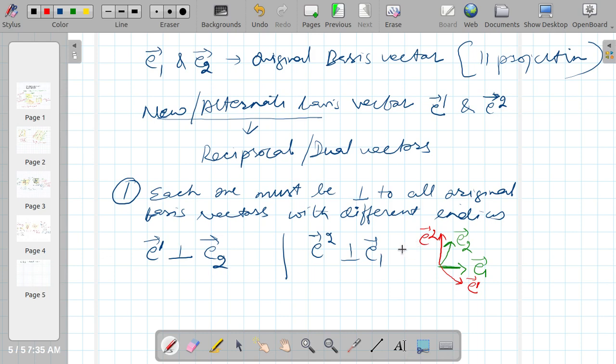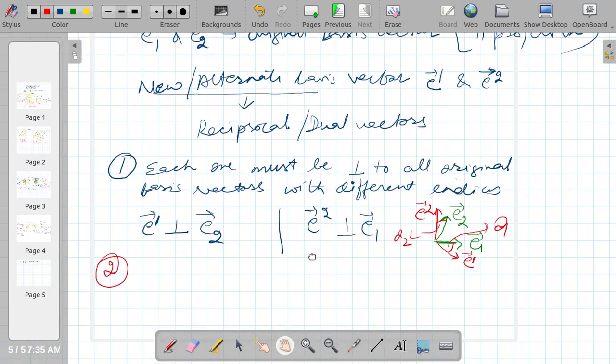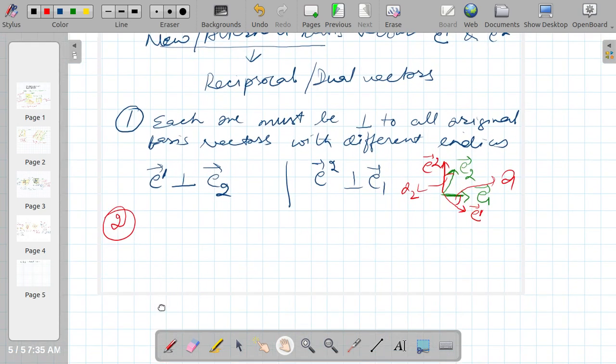Another thing: if it makes an angle theta 1 with this, and an angle theta 2 with this, then they satisfy another condition. What was the other characteristic of these dual bases?